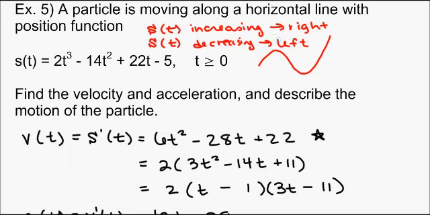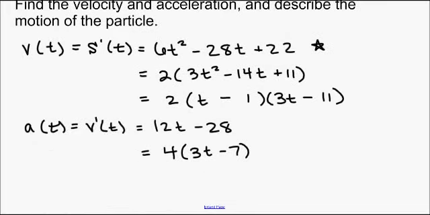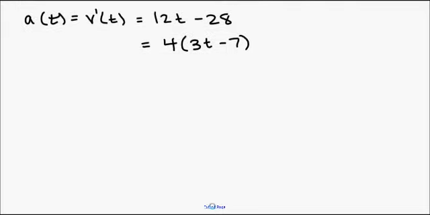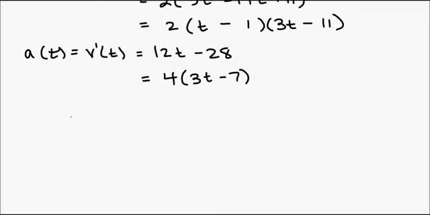I can figure out exactly when it's moving left and right if I look at when my first derivative is equal to 0. So setting this equal to 0, I'm actually just going to set each factor equal to 0, and that's already factored.